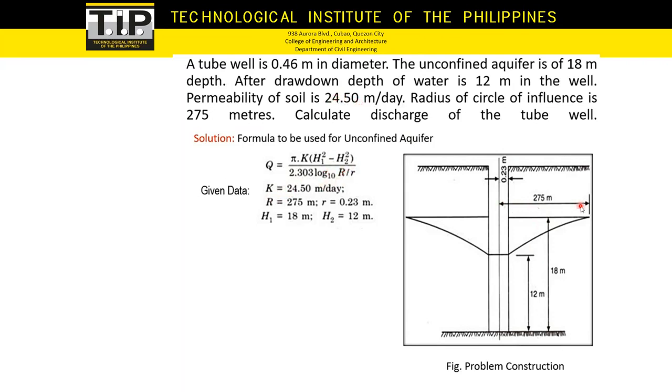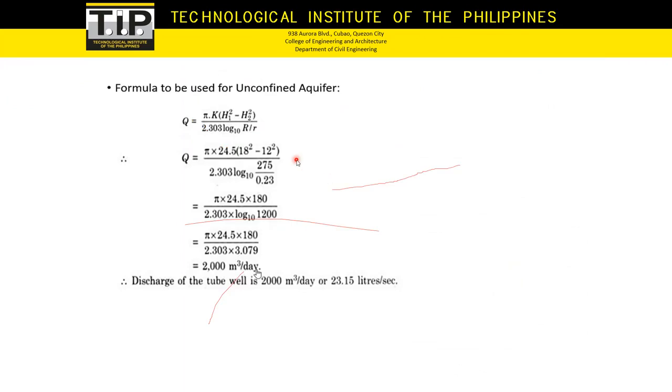Capital R is the external radius of the cone of depression, that is 275. The small r is the radius of the well, 0.23 meters. H1 is the initial height of the water table, and H2 is the final height of the water table. So, it is just direct substitution, and we will get the value of 2,000 cubic meters per day.